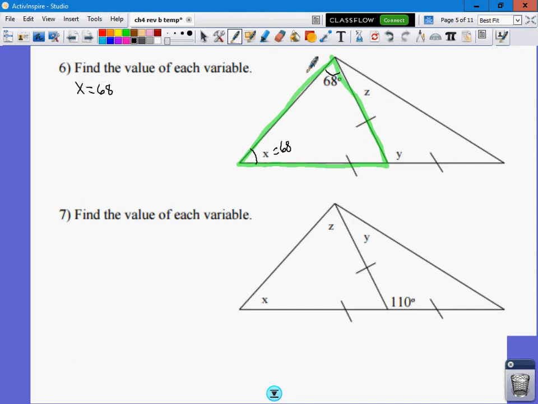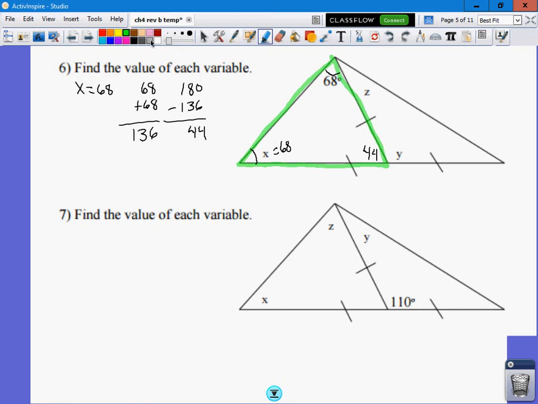In this green highlighted triangle then, I've used 68 and 68. So I've used a total of 136 degrees out of the 180 they're in a triangle. I take 180, I subtract the 136 from it, and I find out the remaining angle is 44 degrees.